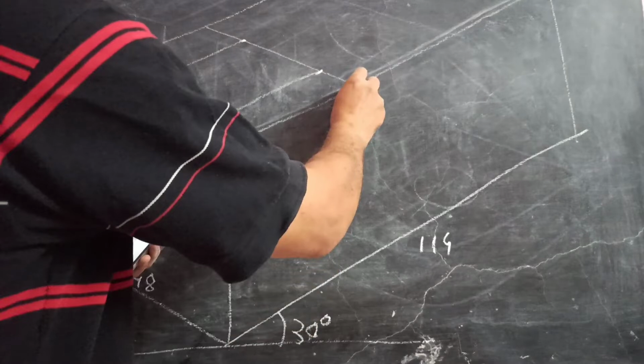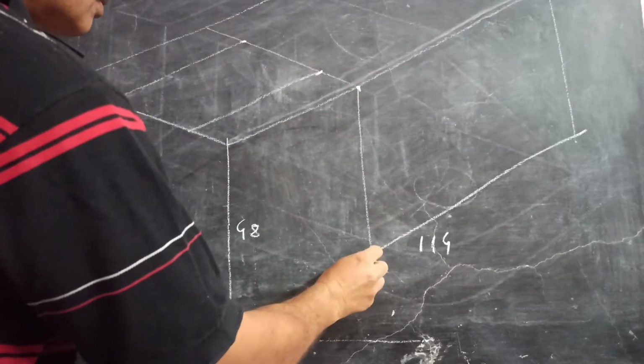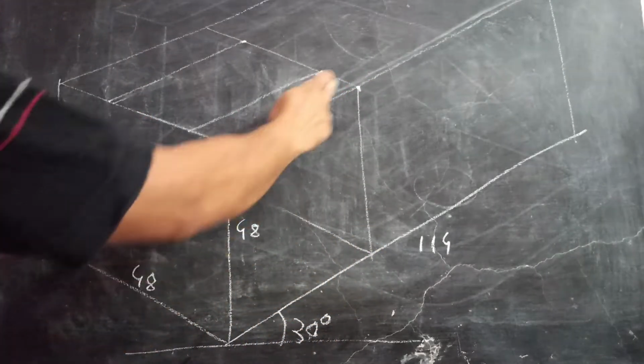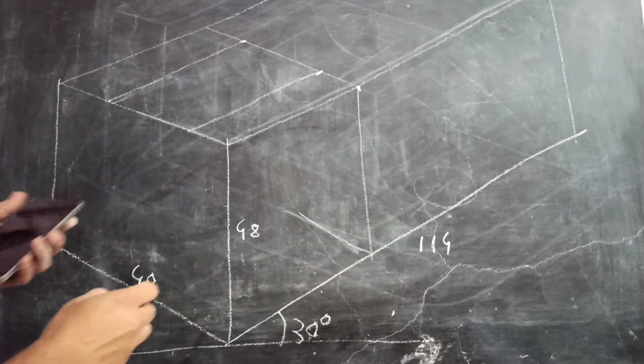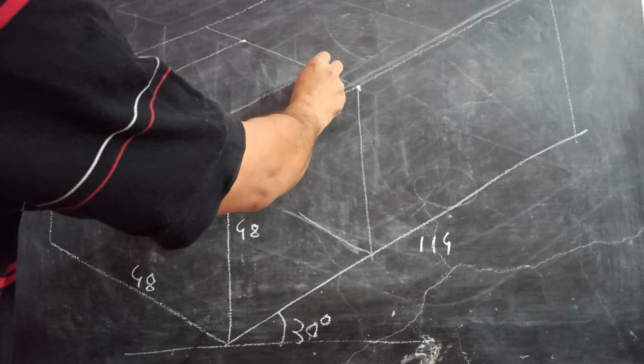Then you can draw a line parallel to this from here. So it is here.